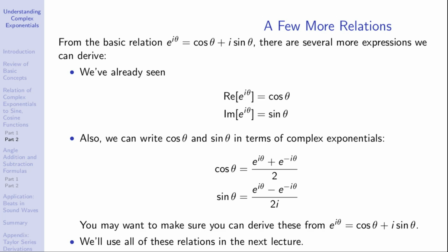The cosine of theta is equal to e to the i theta plus e to the minus i theta over 2, and the sine of theta is equal to e to the i theta minus e to the minus i theta divided by 2i. You may want to make sure you can derive these from the relation e to the i theta equals cosine theta plus i sine theta. We will use all of these relations in the next lecture.